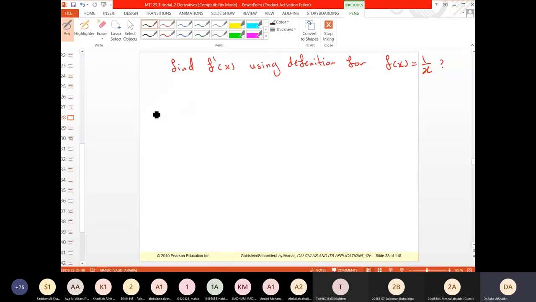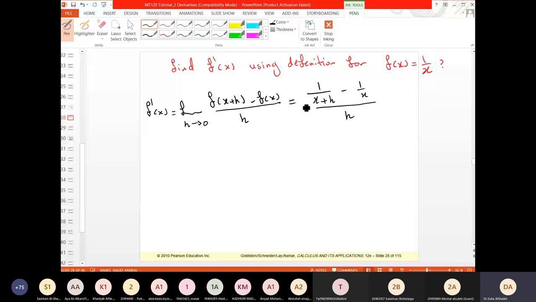According to the rule, f dash x equals limit when h goes to 0 of f at x plus h minus f at x, all over h. Now we go to the function. We substitute once x with x plus h and once as it is. So this will be 1 over x plus h minus 1 over x, all over h. And don't forget to add the limit, limit when h goes to 0.